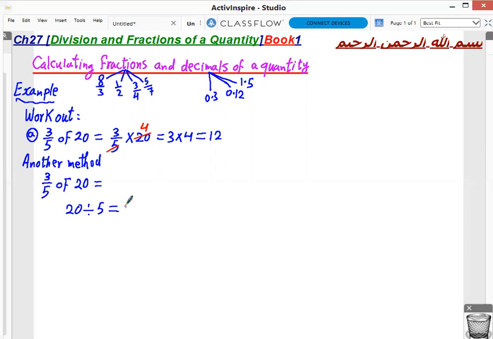You know that it will be 4. Then you take your answer, 4 times your numerator. It will be 12, the same answer. You can solve it with either method. You are free.